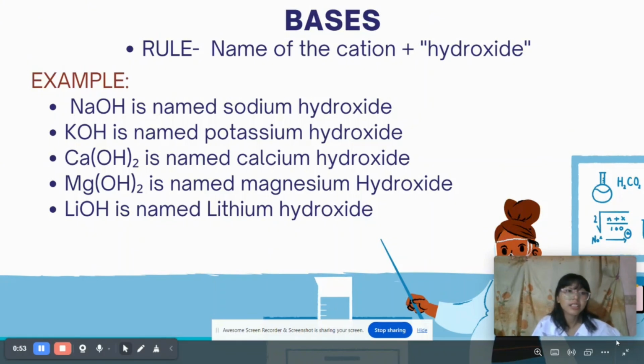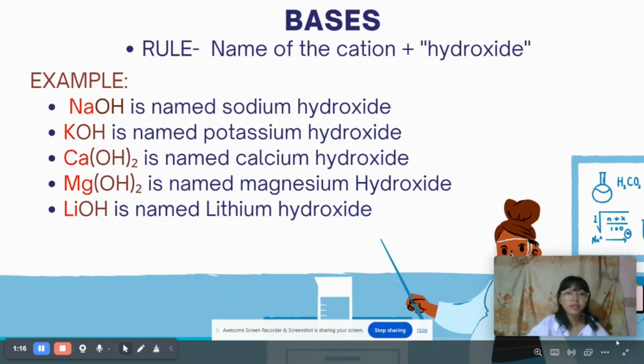As we can see here in the examples, NaOH is named sodium hydroxide, KOH is named potassium hydroxide, Ca(OH)2 is calcium hydroxide, Mg(OH)2 is magnesium hydroxide, and lastly, LiOH is named lithium hydroxide.